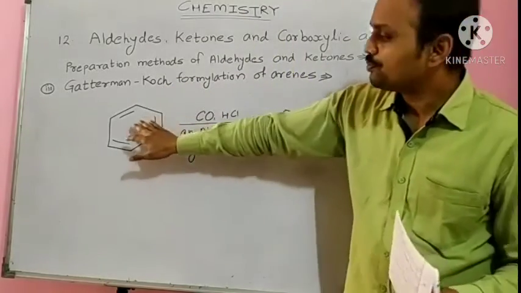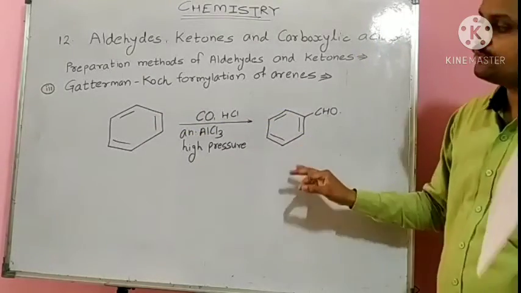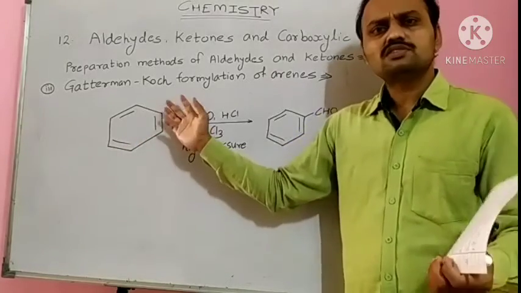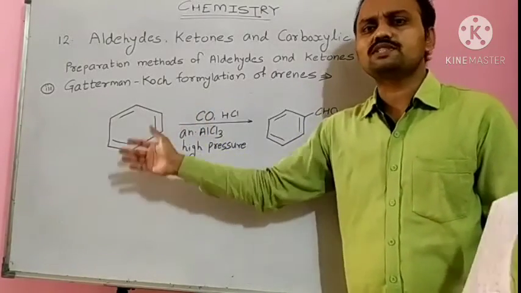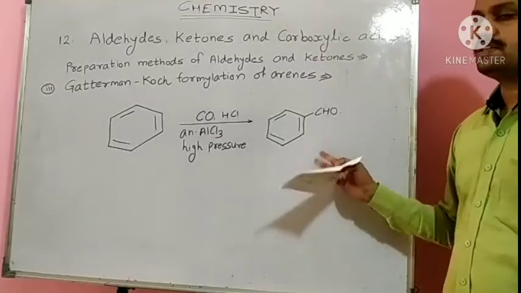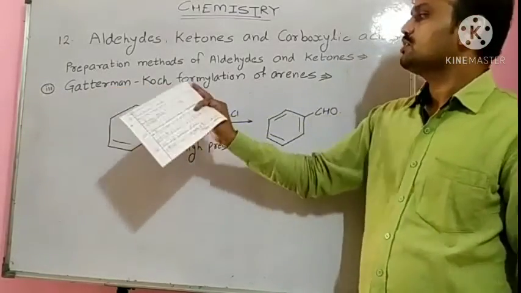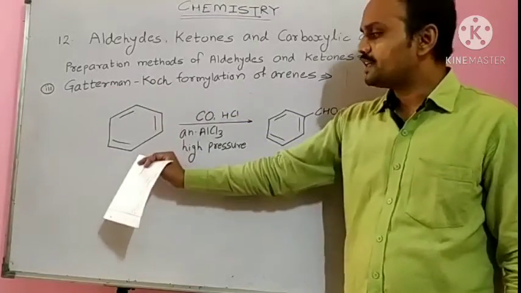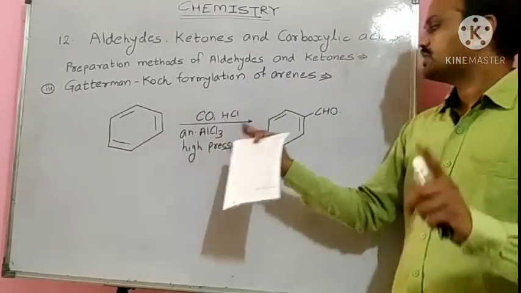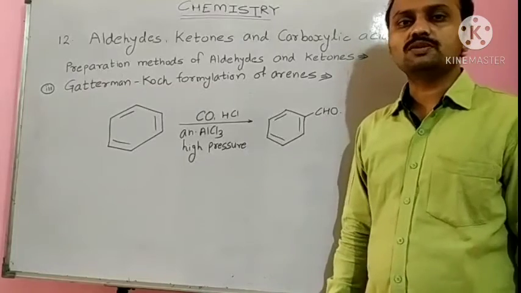Plain benzene will give you benzaldehyde, but if you use substituted benzene, with a CH3 group or nitro group attached to benzene, you will get the corresponding substituted benzaldehyde as the product. Therefore, in the Gattermann-Koch reaction, an arene is converted into benzaldehyde or the corresponding substituted benzaldehyde.